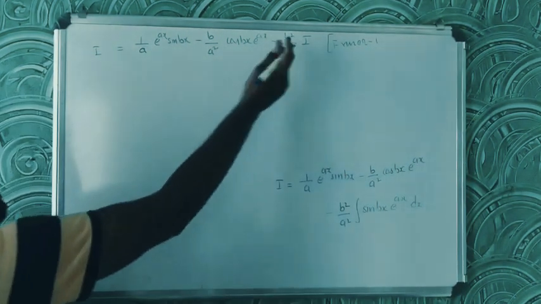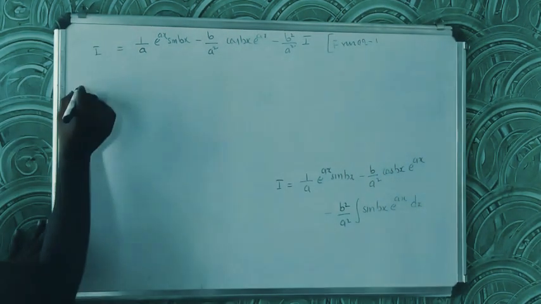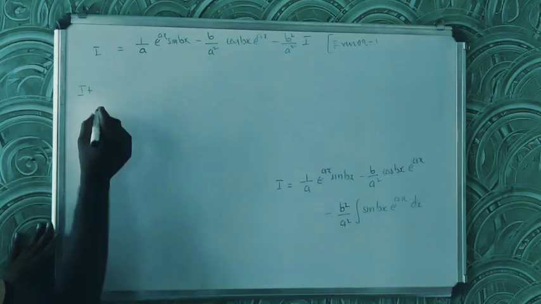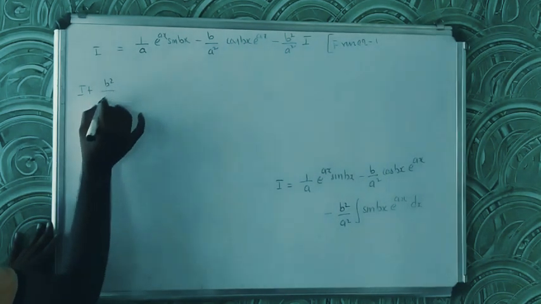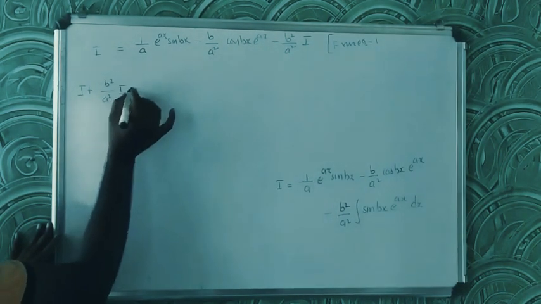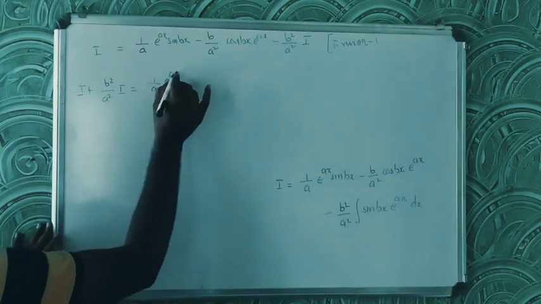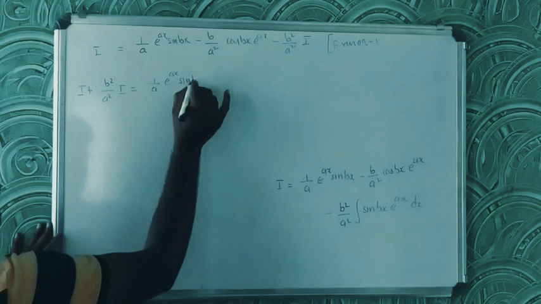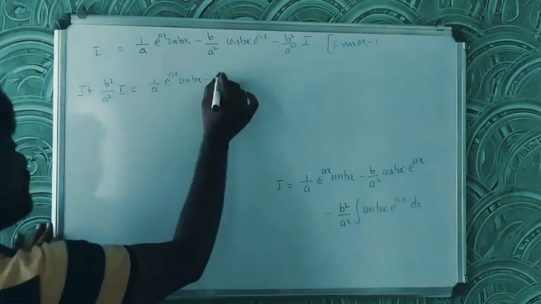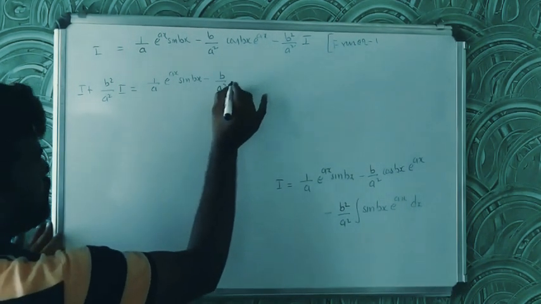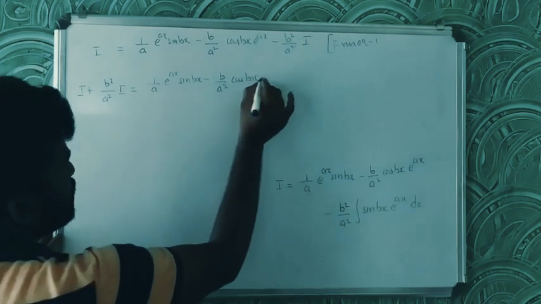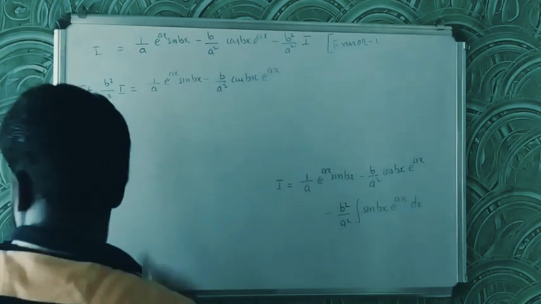So the minus term goes to the left-hand side: I plus b square by a square into I is equal to 1 by a e power of ax into sin bx minus b by a square into cos bx into e power of ax.